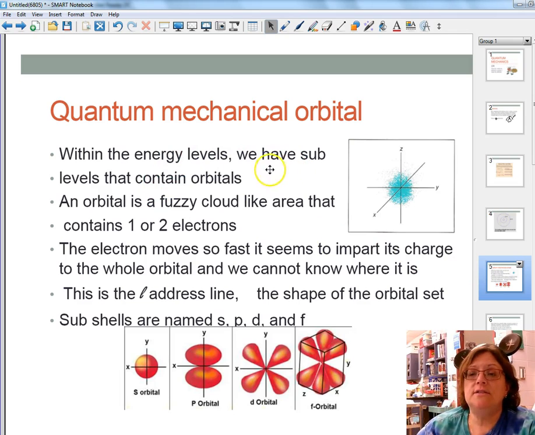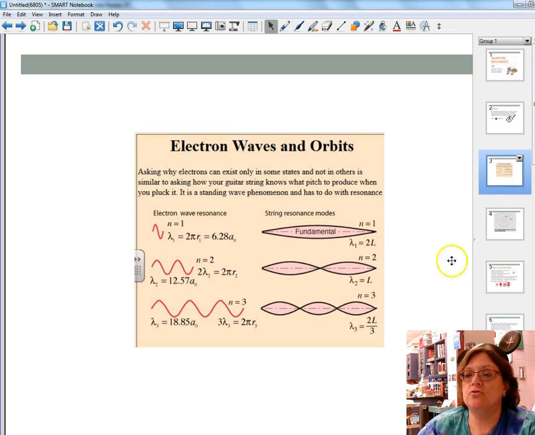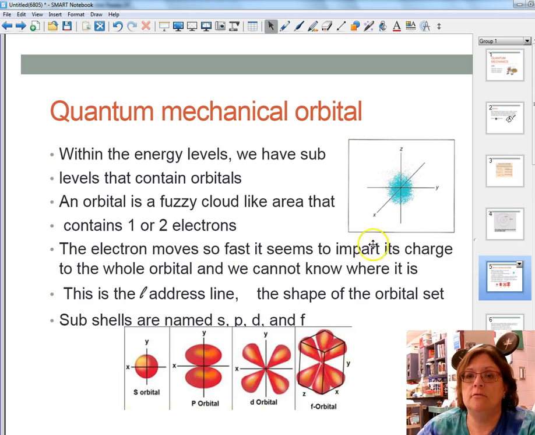Within the energy levels, we have sublevels that contain the orbitals. So that's where these wave pictures are coming from. Those are our sublevels, and we call those orbitals. Orbitals are fuzzy cloud-like areas that contain either one or two electrons. The electron moves so fast, it seems to impart its charge to the whole orbital, so we don't know where it is.